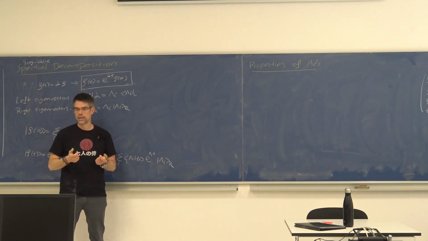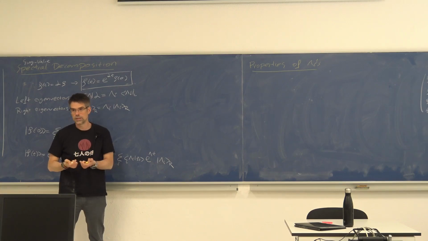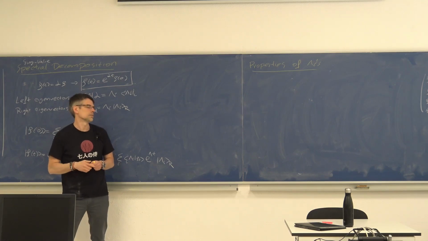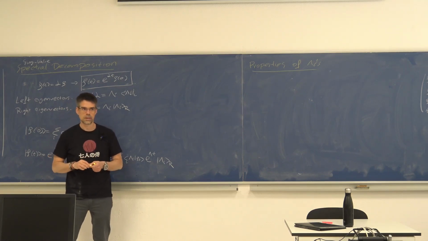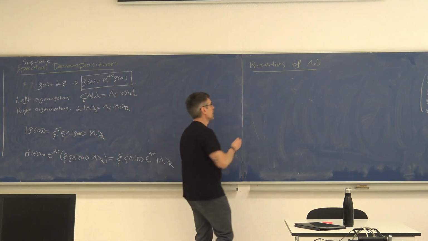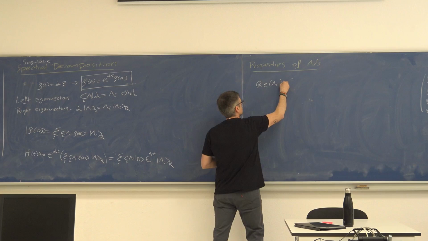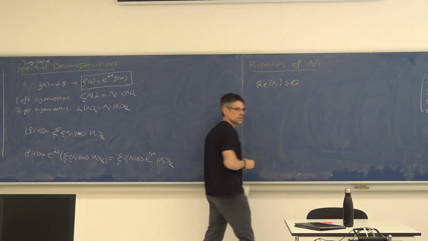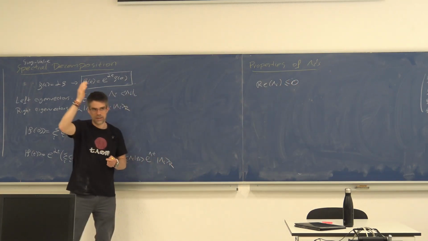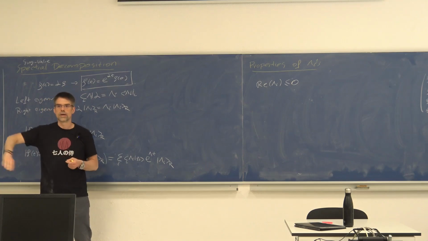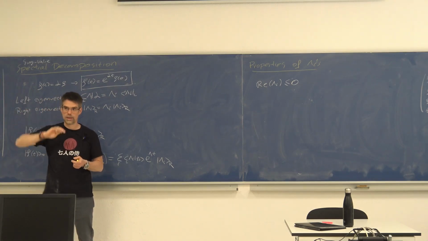This cannot happen because the trace of the density matrix should be preserved. This is relatively easy to prove. So it can be proved that the real parts of all the eigenvalues should be smaller than or equal to 0. You can have a decay, but you cannot have an exponential growth.